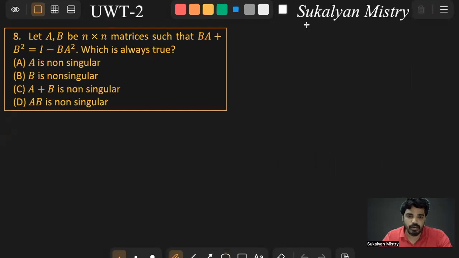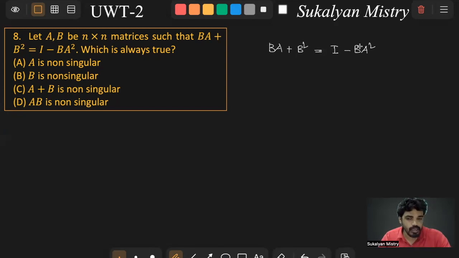Okay, so next example. So what is given here? Here it is given that A and B are n cross n matrices such that BA plus B square equals identity minus BA square.